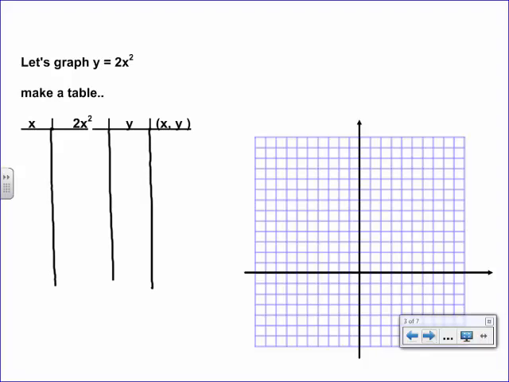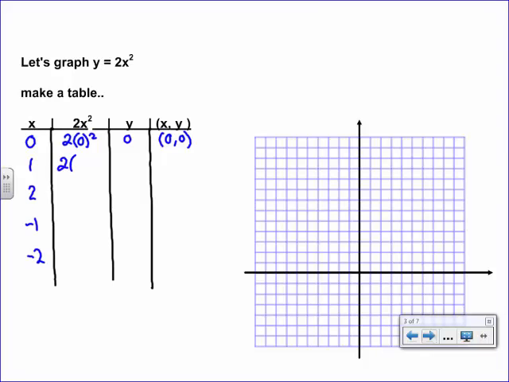We won't extend the scale. We'll pick out the same values, 0, 1, 2, negative 1, negative 2 to plug in. 2 times 0 squared is 0. So when x is 0, y is 0.